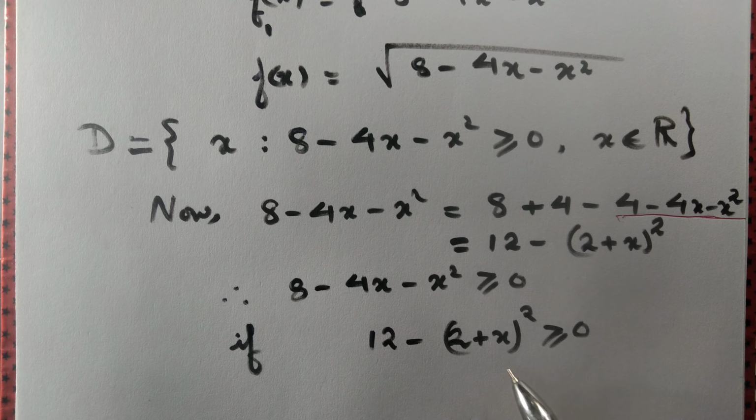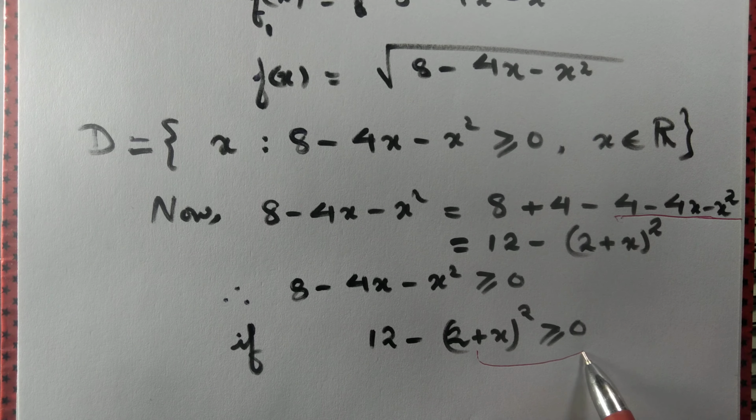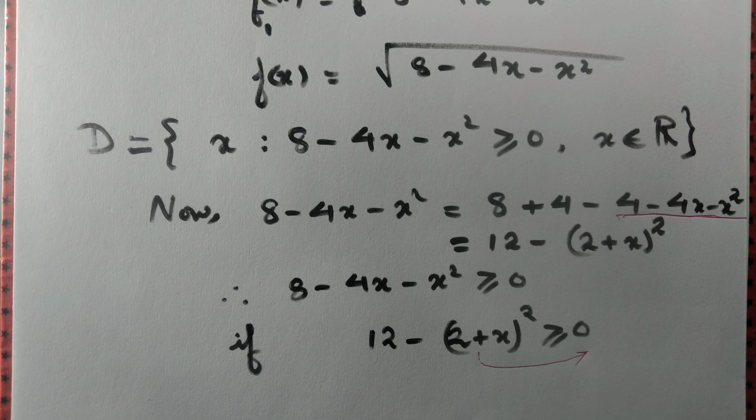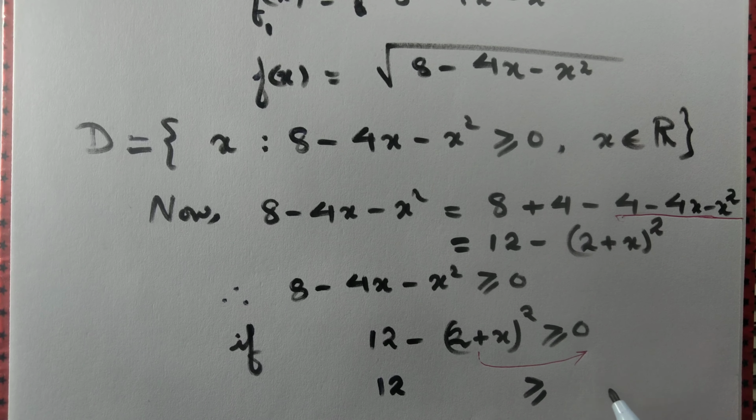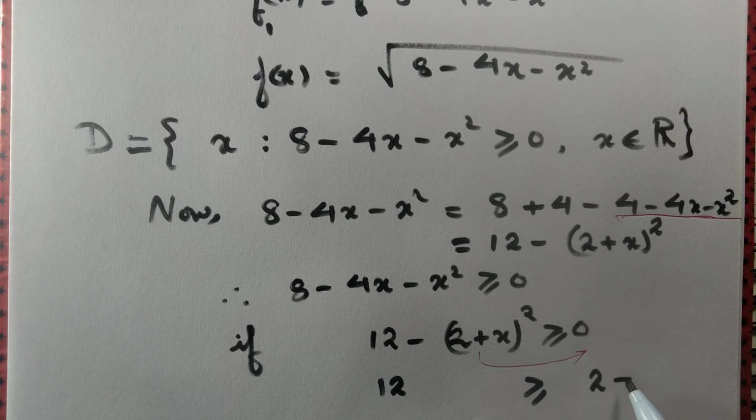Let's take this quantity (2 plus x) whole thing square to the right hand side. So we have 12 must be greater than or equal to (2 plus x) whole thing square.